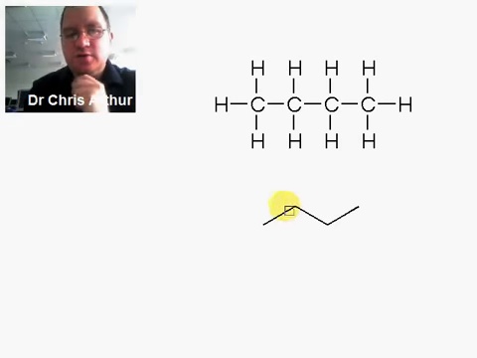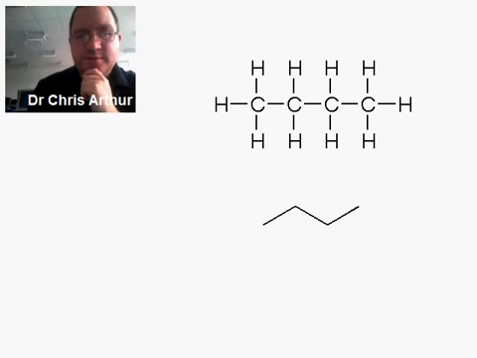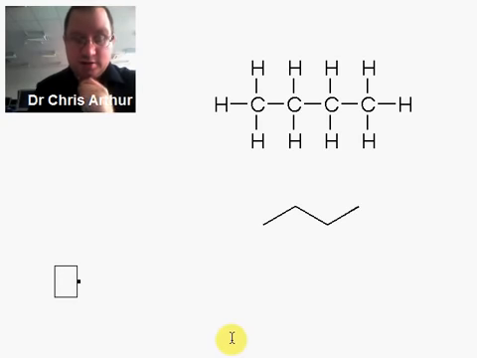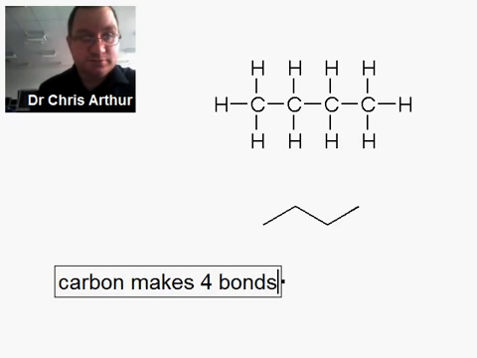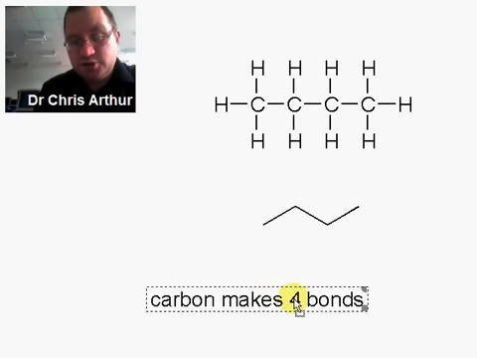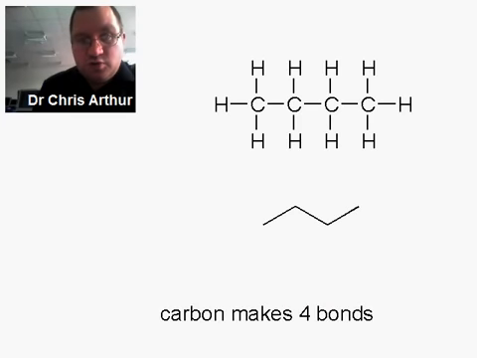Now, chemists know that carbon makes 4 bonds. So what we know when we're looking at a drawing like this is, if we look at this carbon atom here, we've only drawn 1 bond to it.